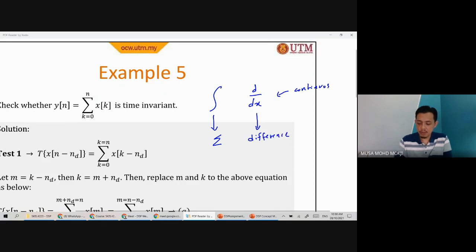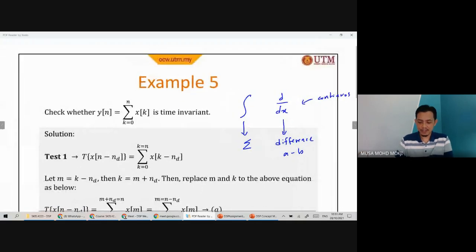Difference means you have two things, just like A minus B. At this time, minus maybe the previous time. So maybe the current time minus, let's say, a previous time. So it is a minus. Everything becomes simpler. That's why everything becomes very easy for discrete time signals.